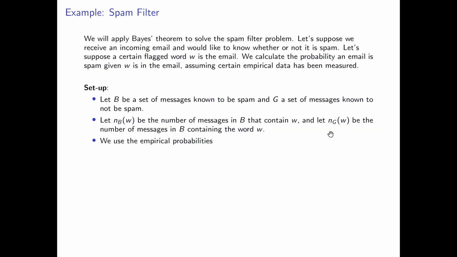Using these two quantities, which we're assuming have been given to us through data collection, we'll construct what I'll call empirical probabilities, because they're based on measurements which we're assuming. I'll define a function P of W to be the ratio n sub B of W divided by the cardinality of B, which is the fraction of bad messages in which W appears.